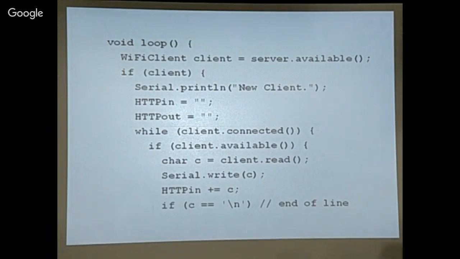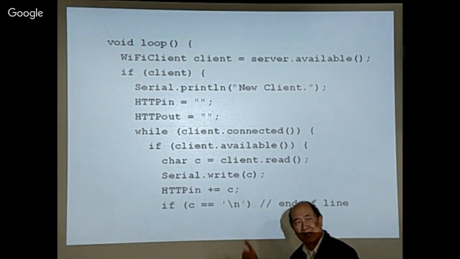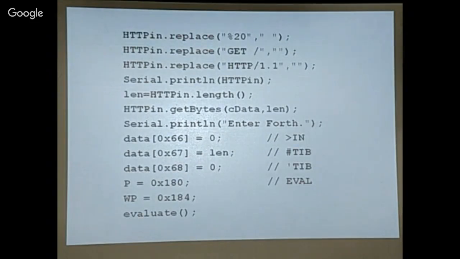When you receive the line feed character, we have to edit the URL, because the URL contains lots of other information which I don't need. For example, %20 and GET slash and HTTP slash 1.1. These are characters which are always inside the URL, so I just delete them.